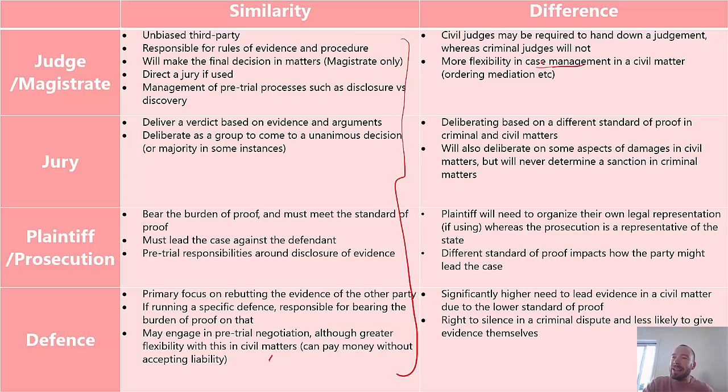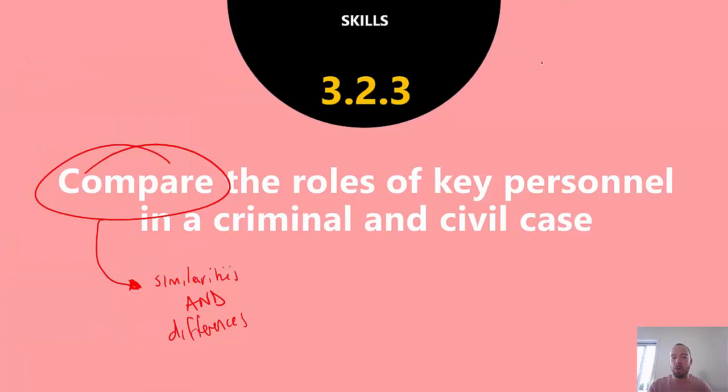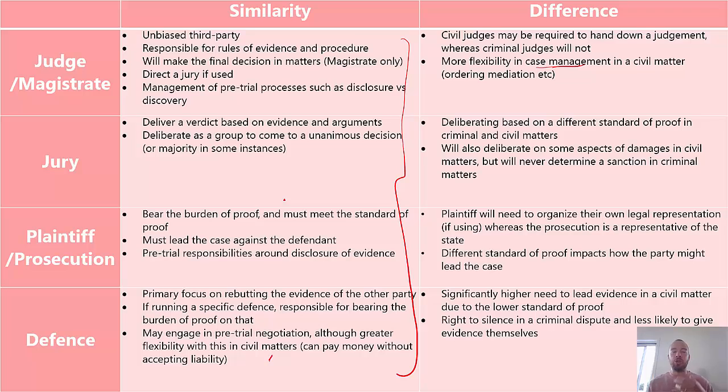Jury, it is technically hard to work out whether the fact a civil jury is optional is a different role. The key wording is compare the roles, and the fact that a civil jury is optional isn't really one of their roles, it's just a fact.